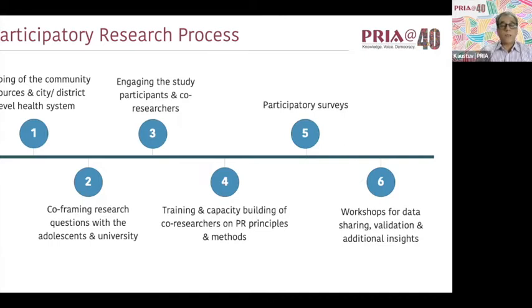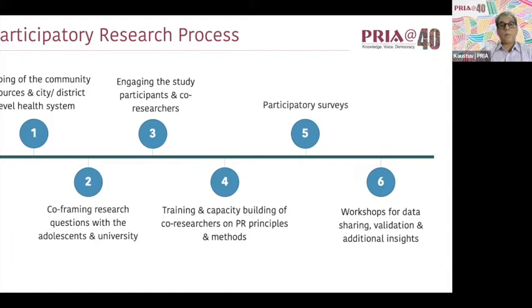The research process started with a mapping of the community resources and also a mapping of the city or district level health system, because the study focused primarily on the health choices of the adolescents. Therefore, it was important for us to know the existing health system and the programs which are operational in that particular city.